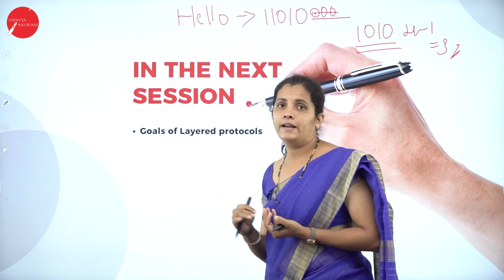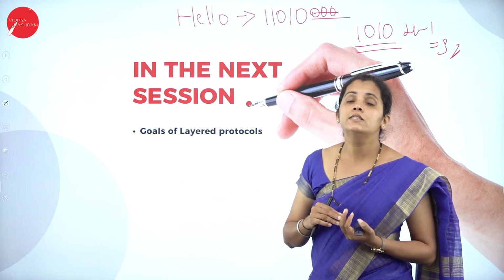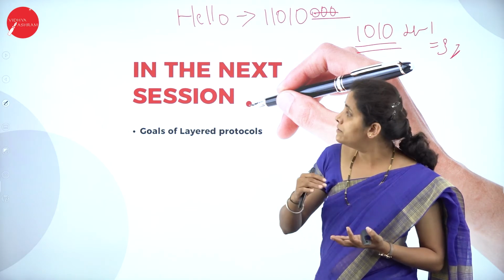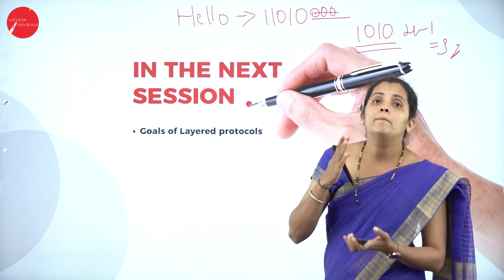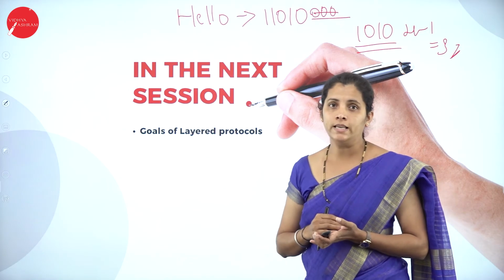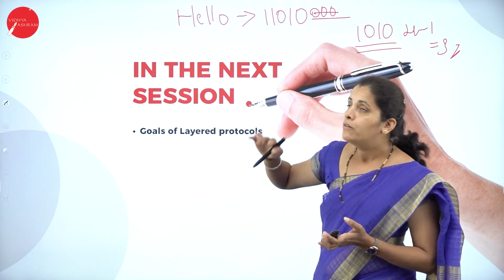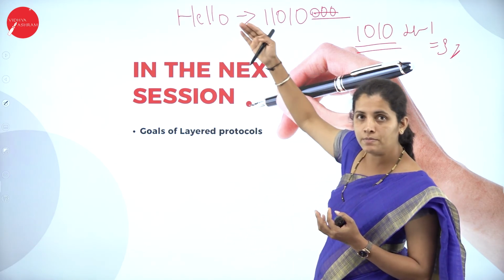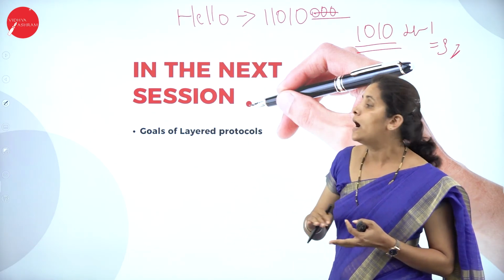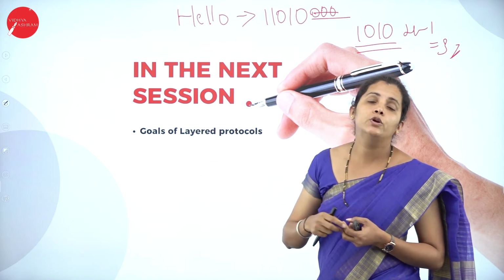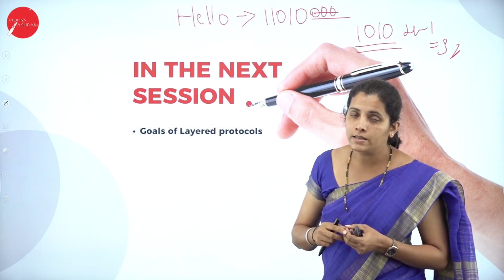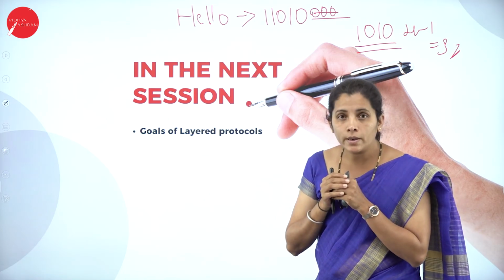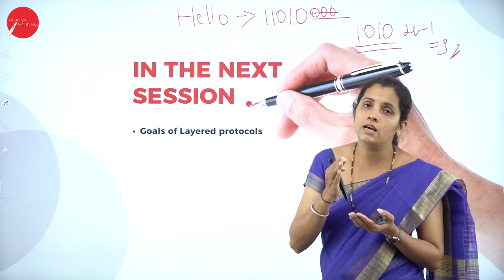At the receiving end, what will the receiver do? The receiver is going to receive the data and perform binary division once again. There also the same procedure, same steps, you're going to consider, and at the end you're going to get the CRC. Whatever result you get as your remainder is your CRC.